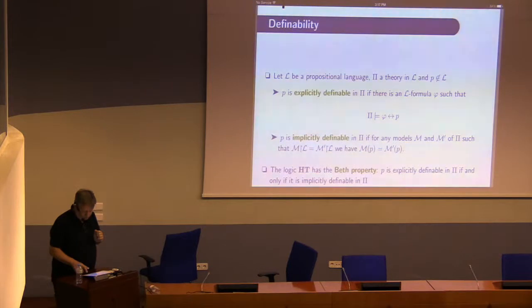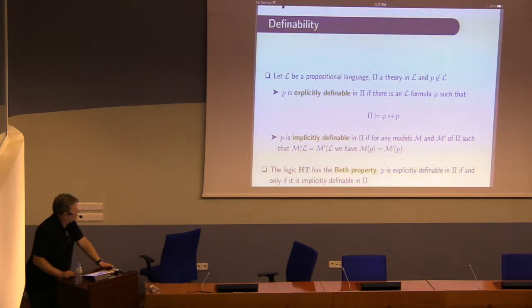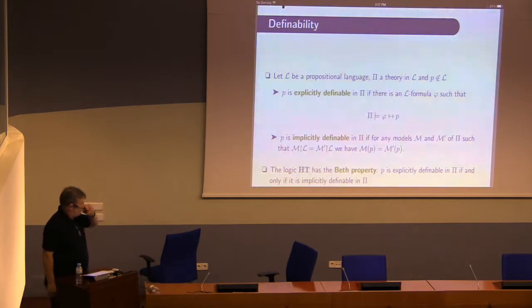Okay. So, how do we do translatability in this format? I'll just mention that a predicate P or an atomic proposition P is definable in a theory if there's a formula phi that's equivalent to it in the theory.